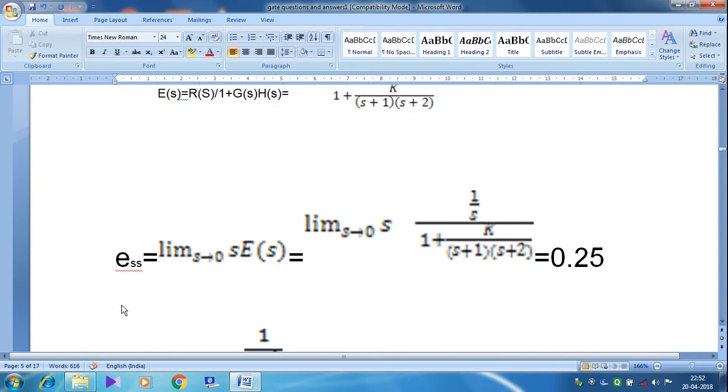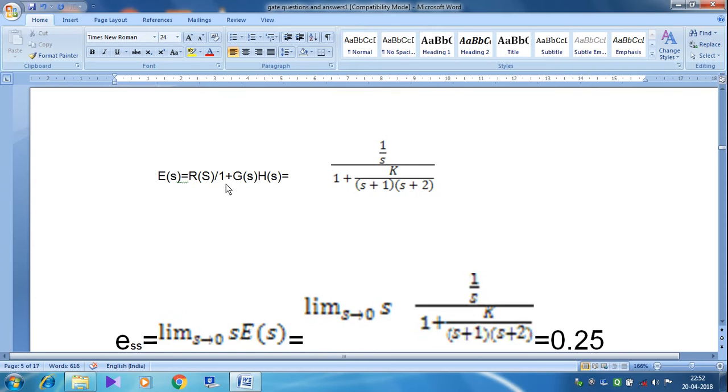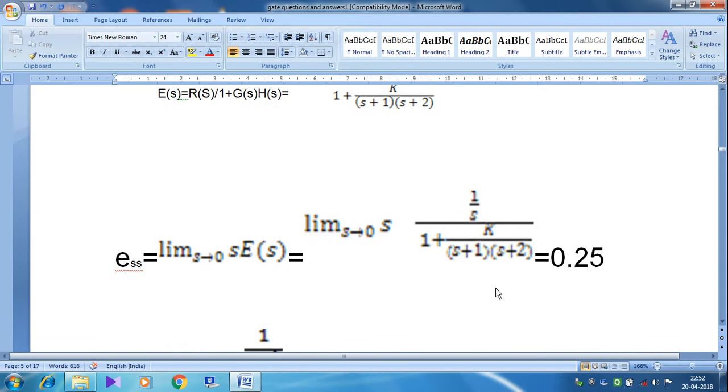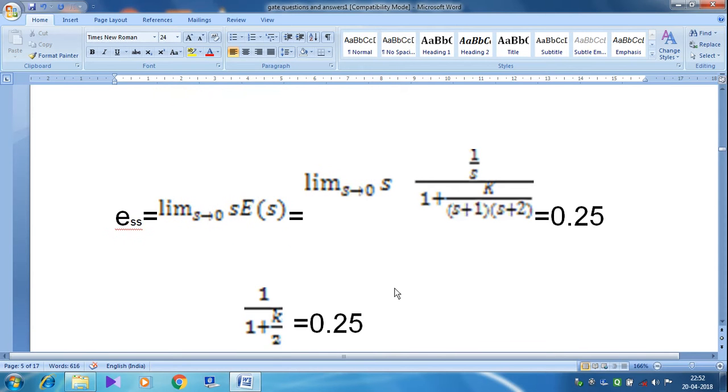Then the steady state error we can find out by taking the limit s tends to 0 of s into E(s). Already we have this, that is 1 by s over 1 plus K by this much, which is equal to 0.25.